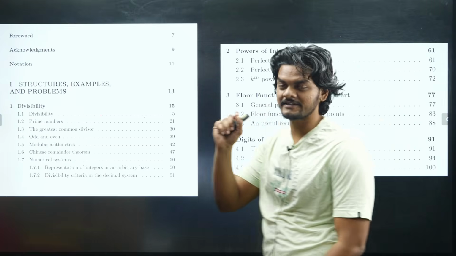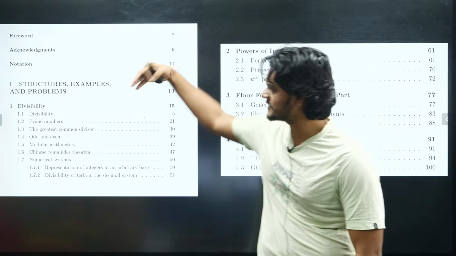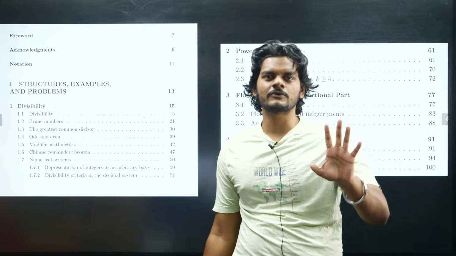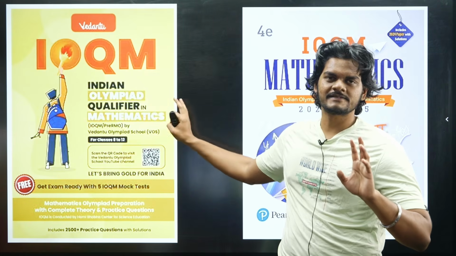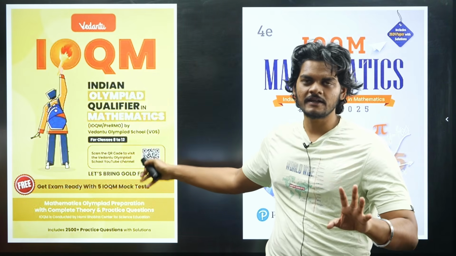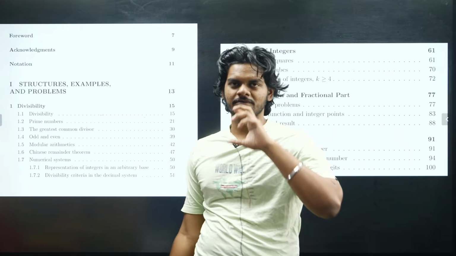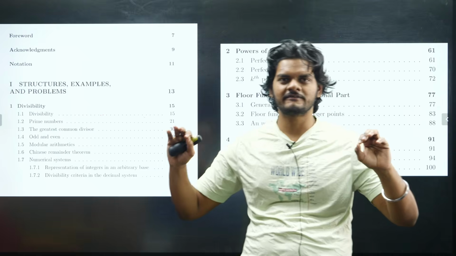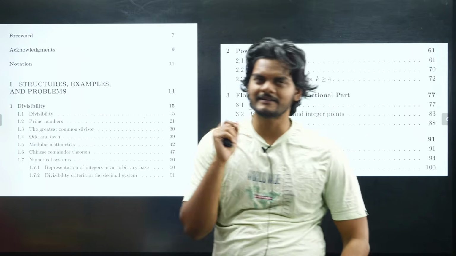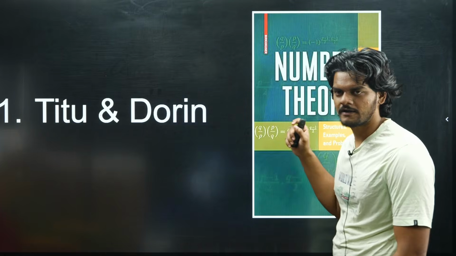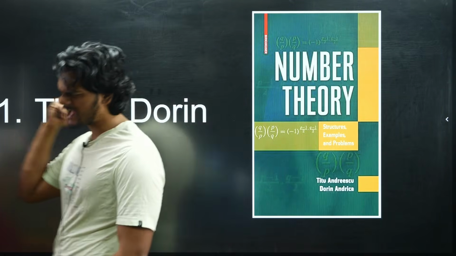The interesting thing is the example in the first chapter itself, it's crazy. You have to be thorough with your basic understanding of integers and number theory before you begin with this book. The questions are of top-notch level, and you will find it really helpful. So I would recommend you just have a look at it.